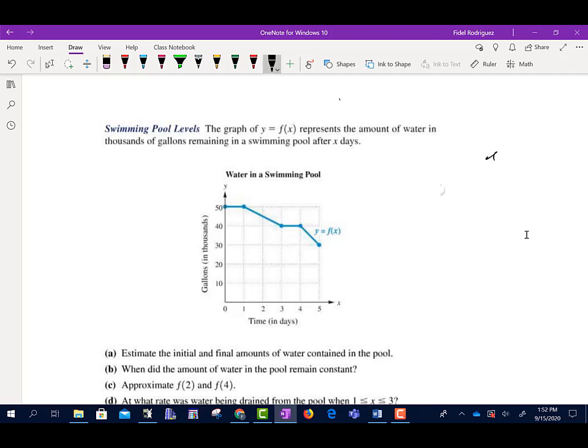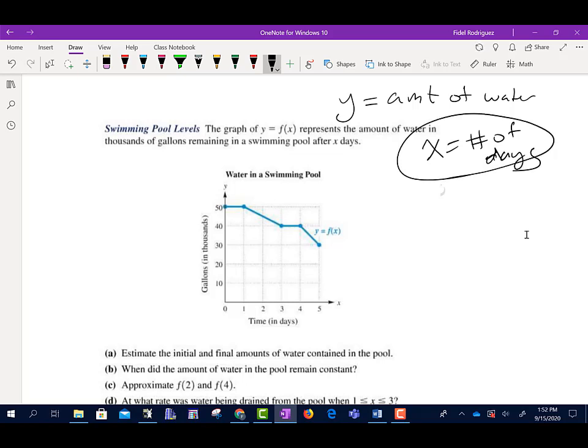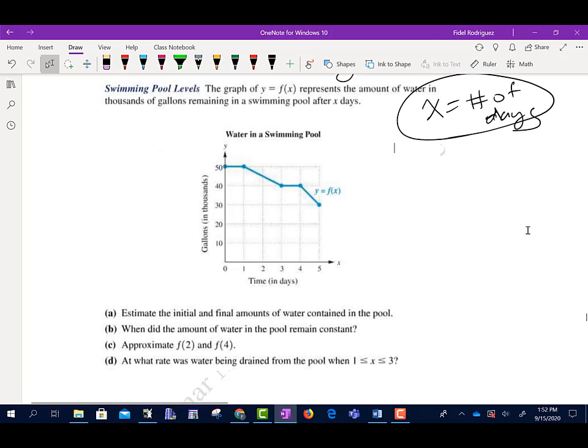Okay, so the y is the amount of water, and x is the number of days. All right, so let's answer the questions. Part A says, estimate the initial and final amounts of water contained in the pool.